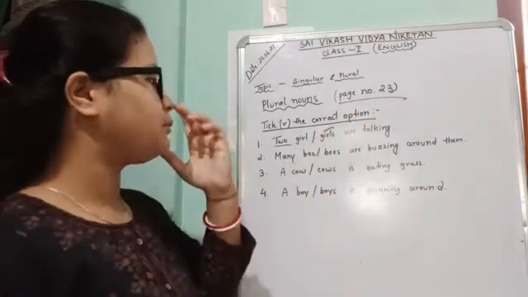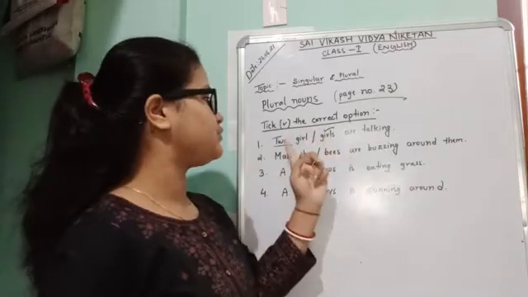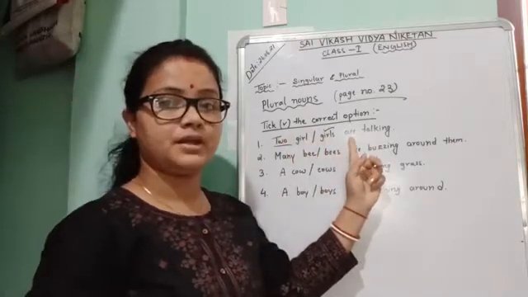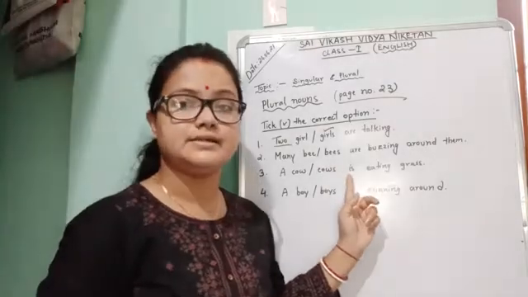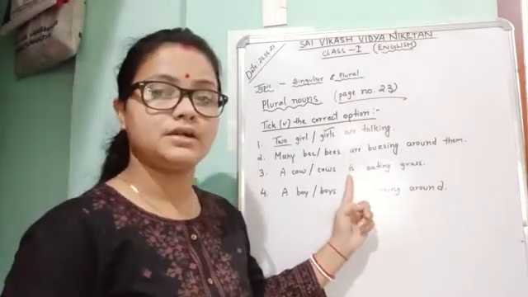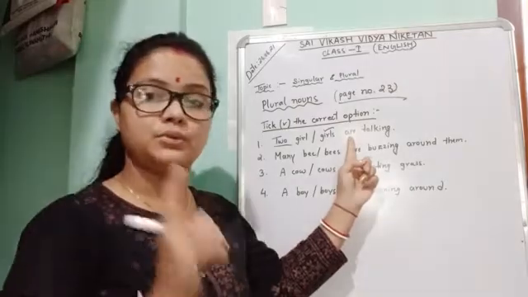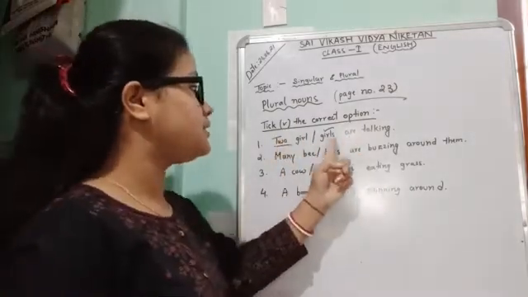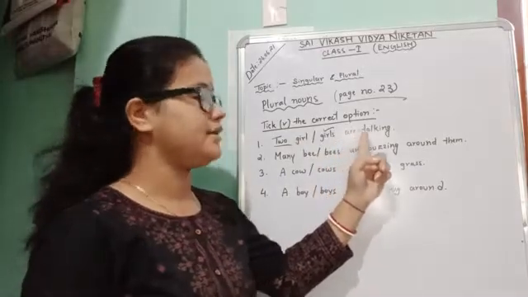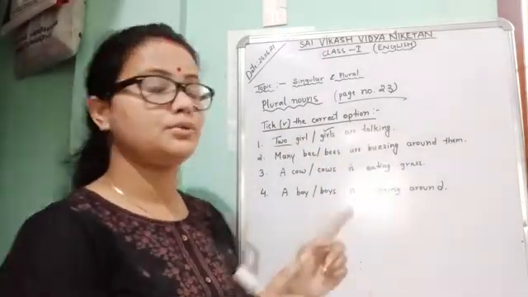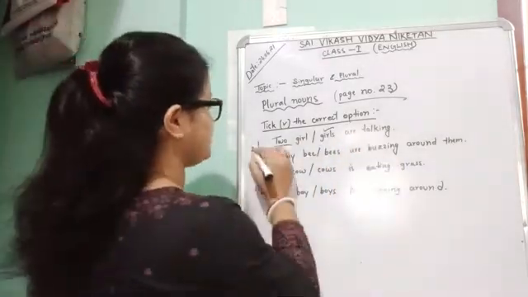Remember one thing, for plural noun in a sentence we have to use are, and for singular noun we have to use is. Is for singular noun, are for plural noun. So here two girls are talking. Clear? Number 1 is done.